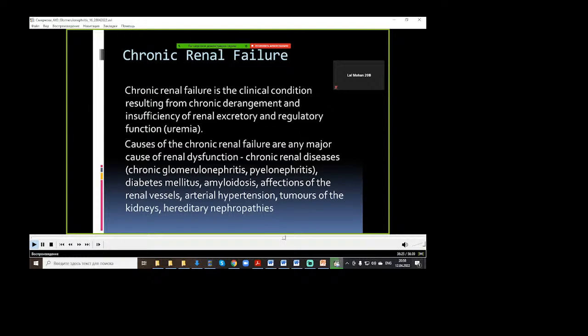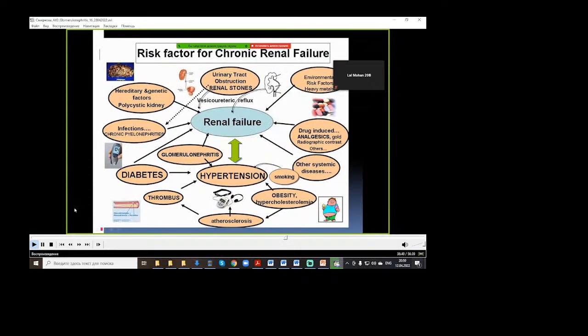Causes of chronic renal failure are any major cause of renal dysfunction, such as chronic renal diseases, glomerulonephritis and pyelonephritis, diabetes mellitus, arterial hypertension, thrombosis, atherosclerosis, some genetic factors, and so on. The risk factors of chronic renal failure are presented on this slide.